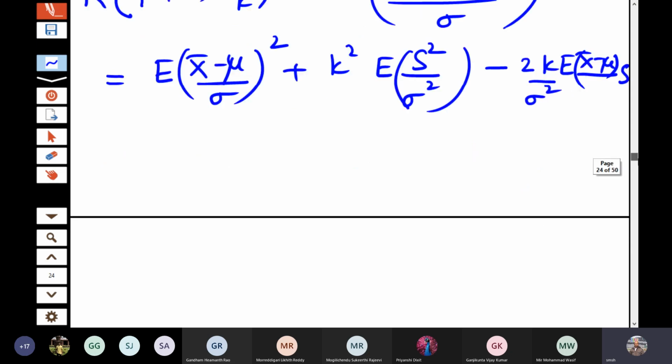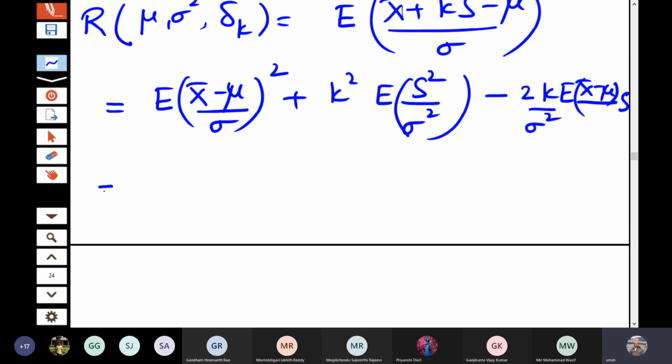So you can substitute all these terms here because we already know this is variance of x bar, that is sigma square by n divided by sigma square. So this becomes 1 by n plus k square, and expectation of s square is sigma square, so this becomes 1.